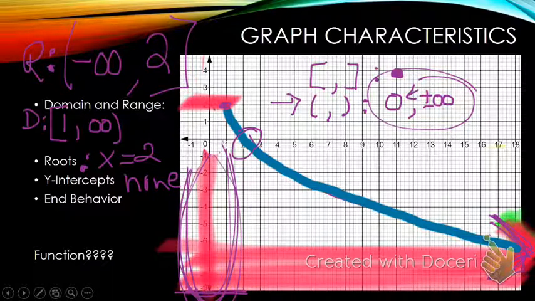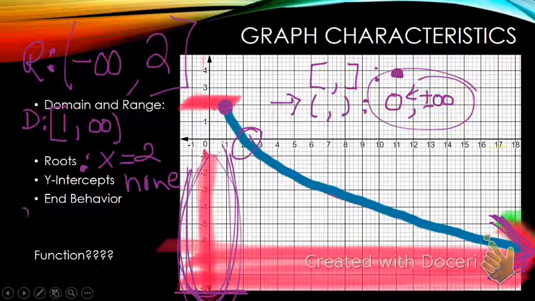Now, end behavior. Can I teach you a little trick about end behavior? End behavior is basically asking, what do you know about these endpoints? Well, we have an endpoint right here, right there, and then we have an endpoint right here. So basically they want to know what exactly is happening there.